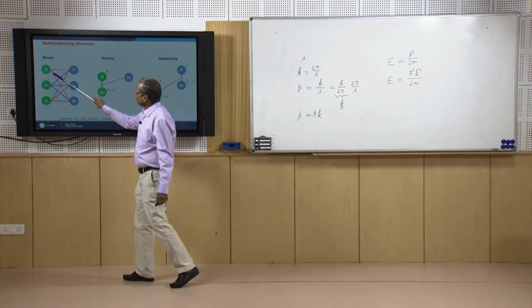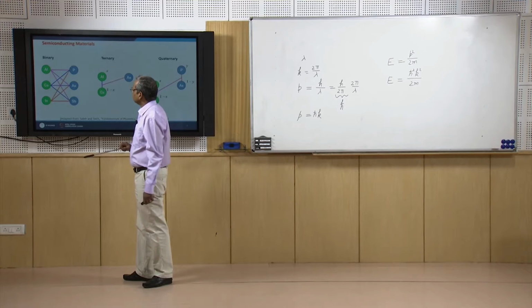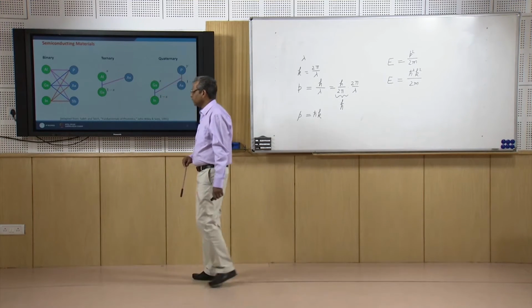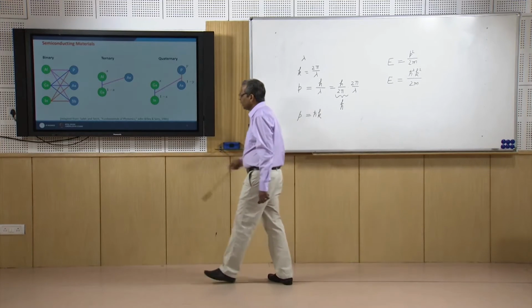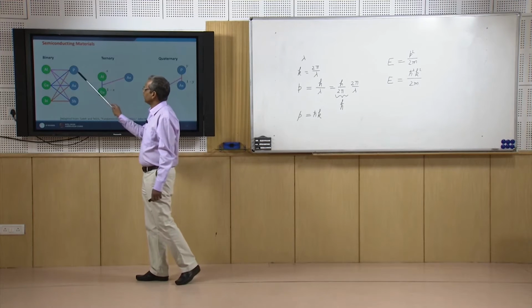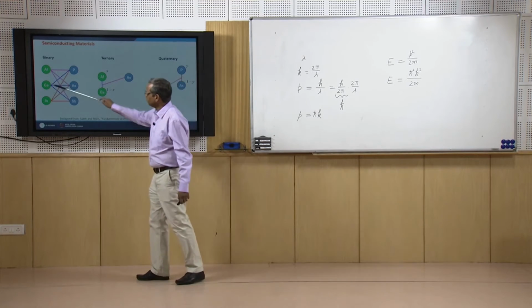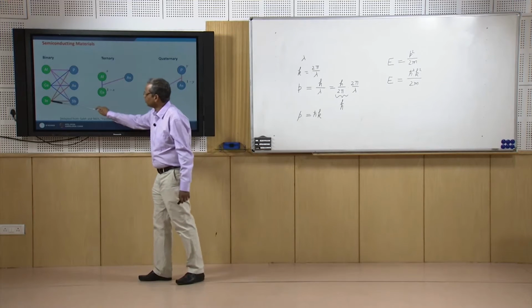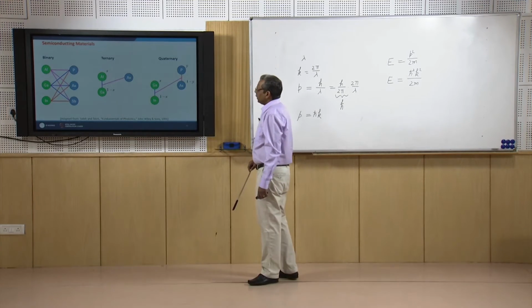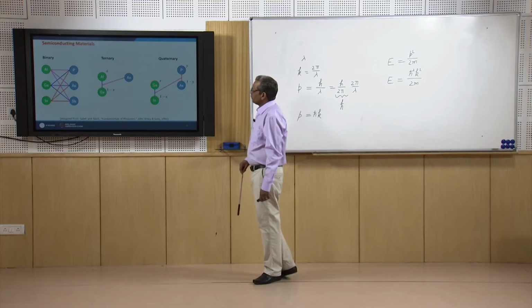I can take one from here and one from here and make a semiconductor which is known as a binary semiconductor. Gallium arsenide is one example of this. Aluminium phosphide is another example. Gallium antimonide is another example. Indium phosphide is yet another example. These are binary semiconductors.